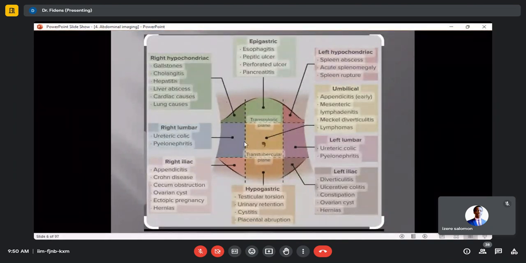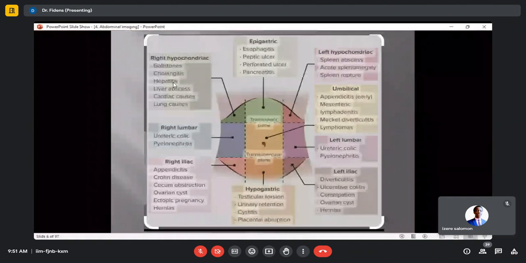When the pain is in the right hypochondrium, you can think of gallstones in the case of cholelithiasis. You can think of cholangitis, hepatitis, liver abscess, and cardiac causes. When there is cardiac disease, you can sometimes feel the pain on the right side, and lung causes at the base of the lung on the right side.